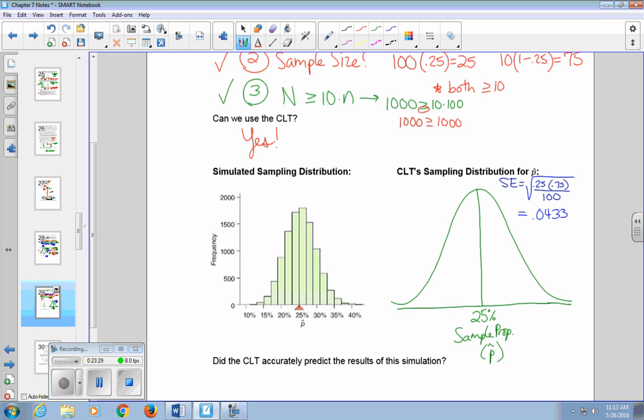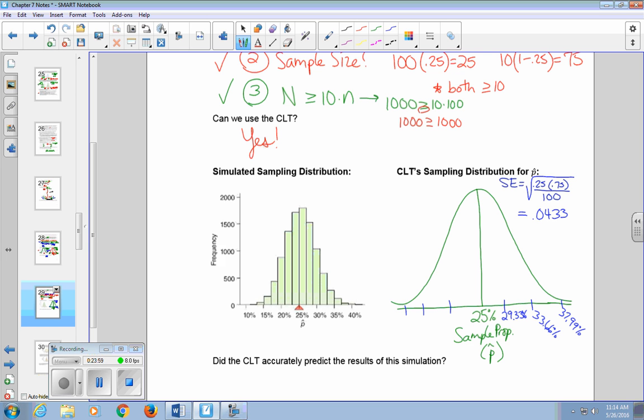So if we put a few more values on the axes down here, in particular, I'm going to look at 3 standard errors to the left and to the right of the center. So we'll put a few more values in. We'll put 29.33%, that's 1 standard error above. And then we've got 33.66% here and 37.99% here.